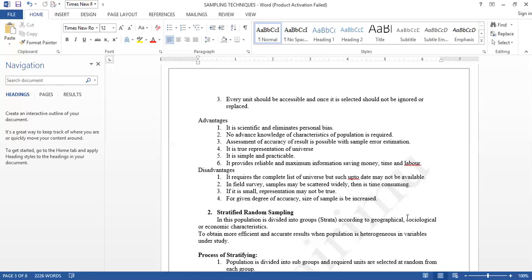Whenever you're dealing with a sample drawn from the population, that sample should be a true representative of the population. So if you have chosen a small group to be part of your sample, but that sample happens not to be a true representative of the population, then we'll make conclusions, but those conclusions may be misleading.